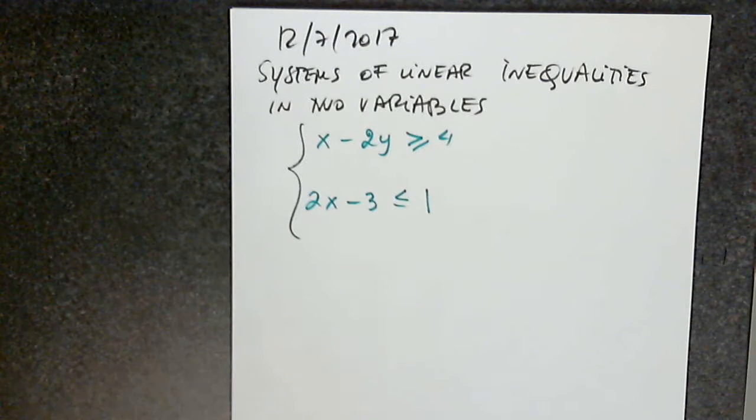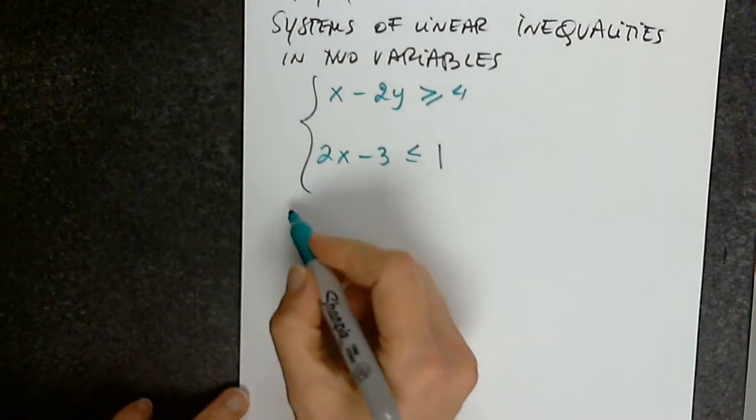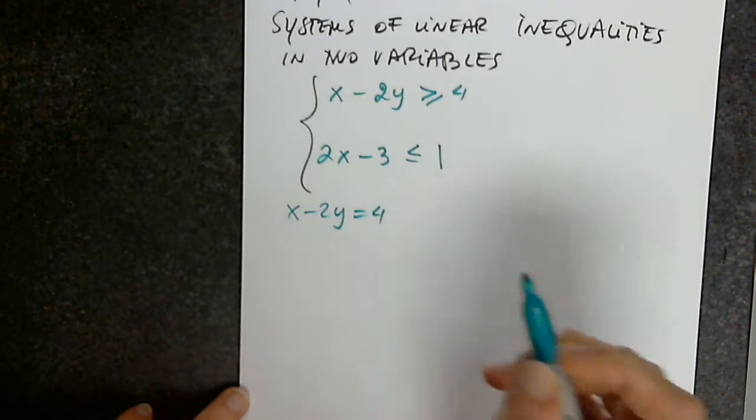How do we solve a system of linear inequalities in two variables? What would be the first step? Anyone? Good idea, but I'm not changing them. I need the equation, but you're right, yes. x minus 2y equals 4.